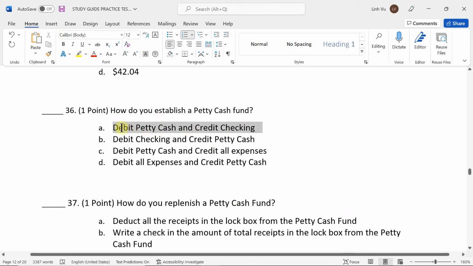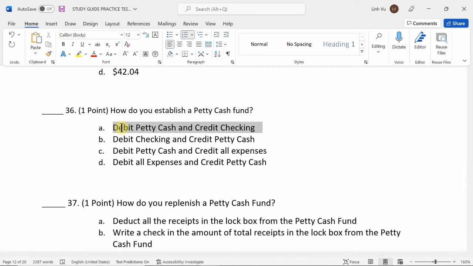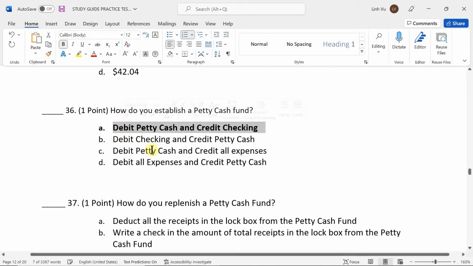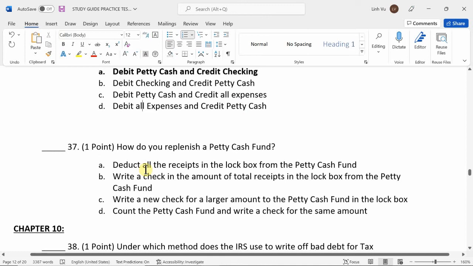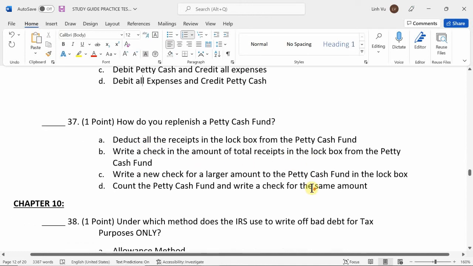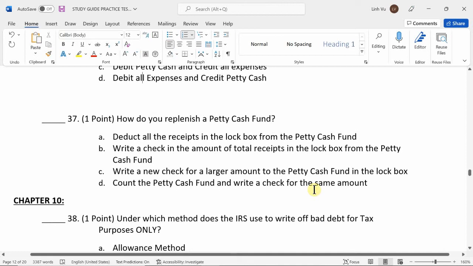You're not going to be debiting the petty cash fund and crediting all your expenses, right? Because that's not how it works. And you're not going to debit all expenses and credit petty cash, because that's not how you use the petty cash fund. Okay, so good. Number 37, how do you replenish the petty cash fund?